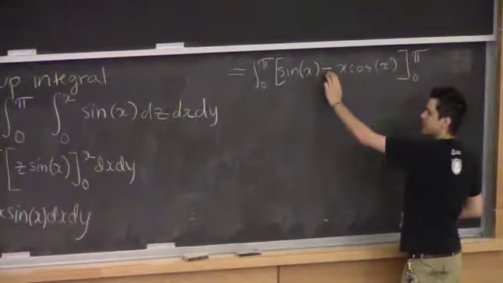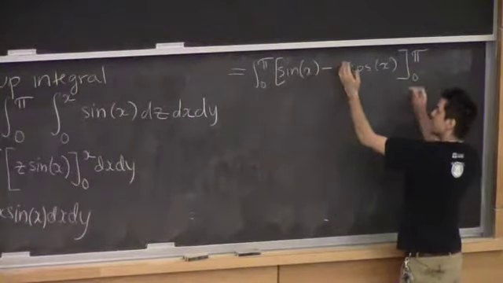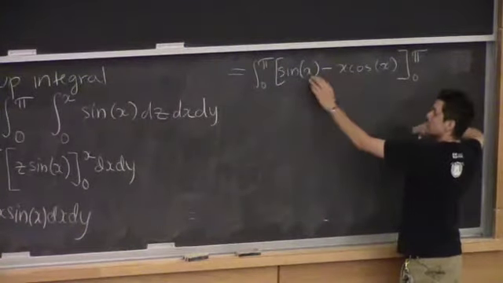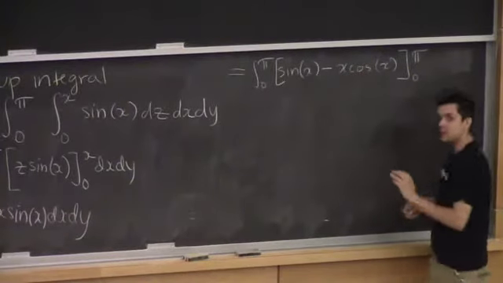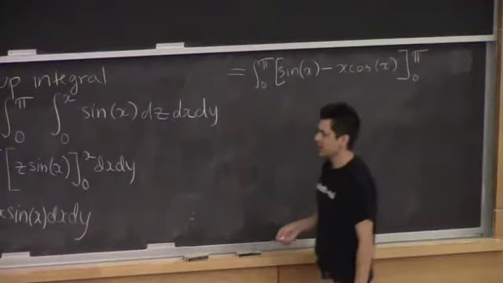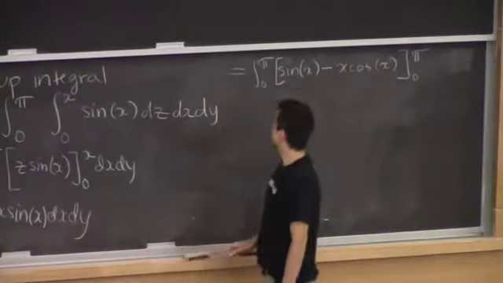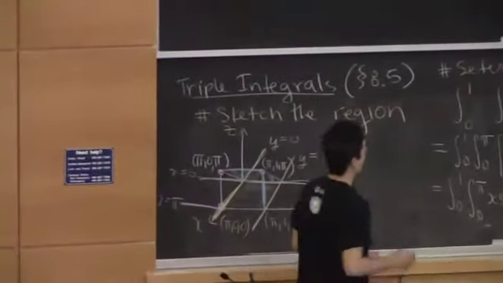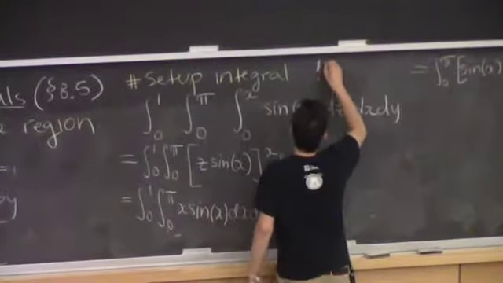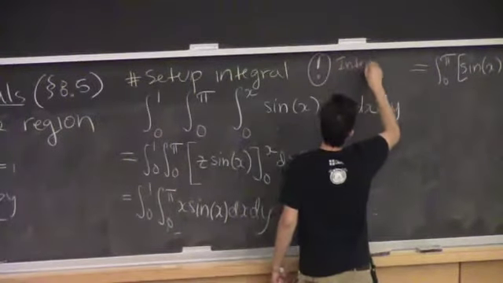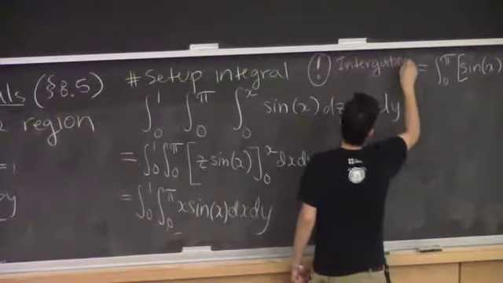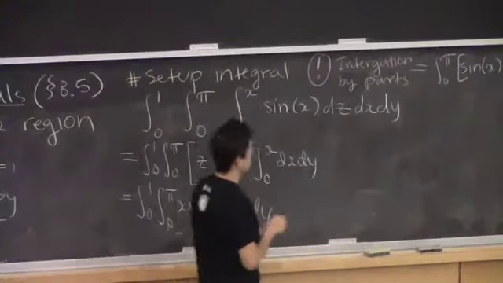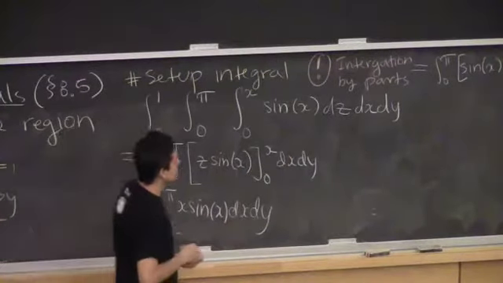Then we have a product rule happening here. The first term will produce a cos, and the second term will produce a negative sine. Okay, so we'll wind up getting the x sine x we need, and the integration by parts. Okay, now we plug in our bounds.